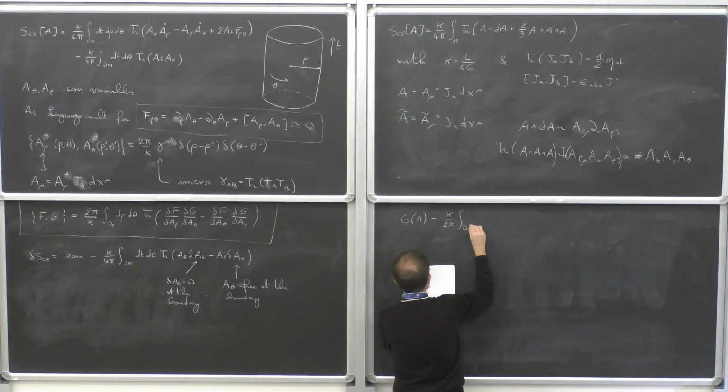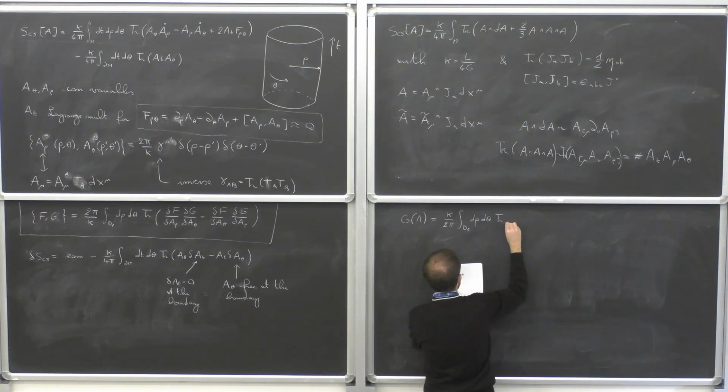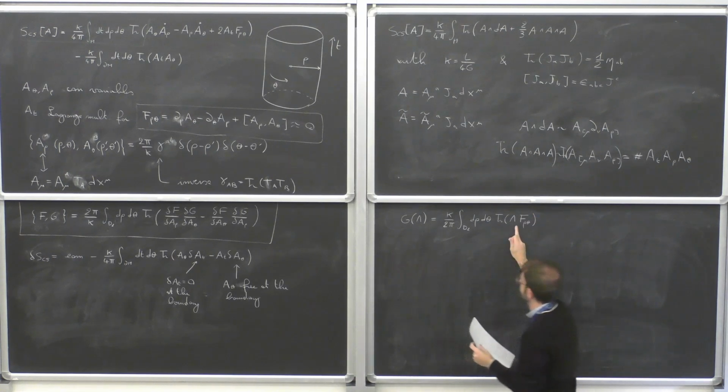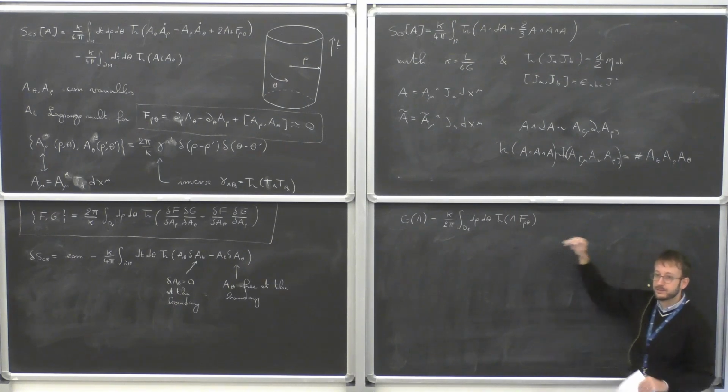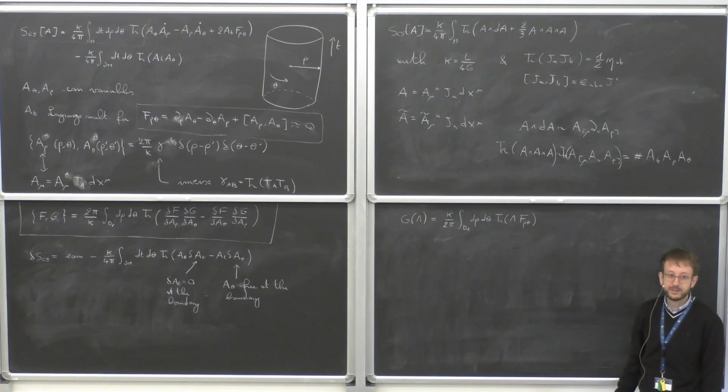Here I integrate over a disk again, d rho d theta, and then the generator is just this object here. So you see that the generator of gauge transformations takes this form, but do you think what I have written here is enough?